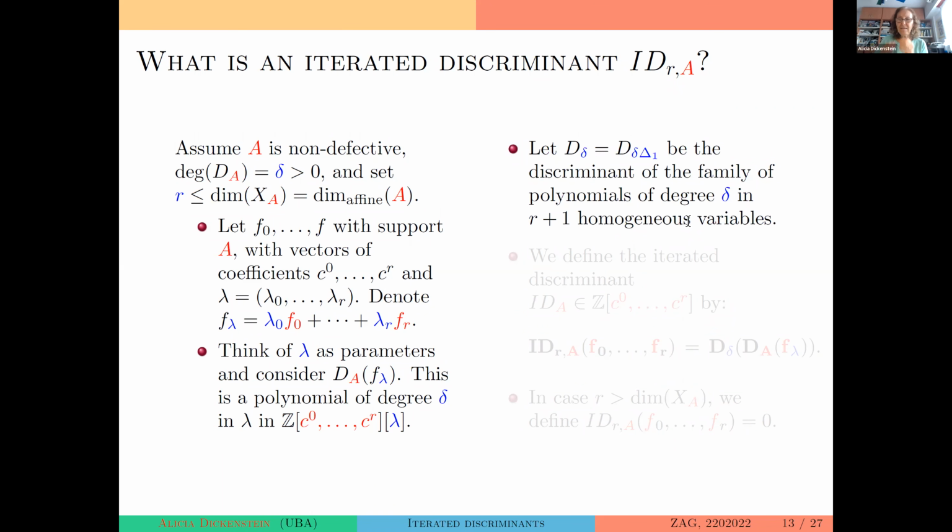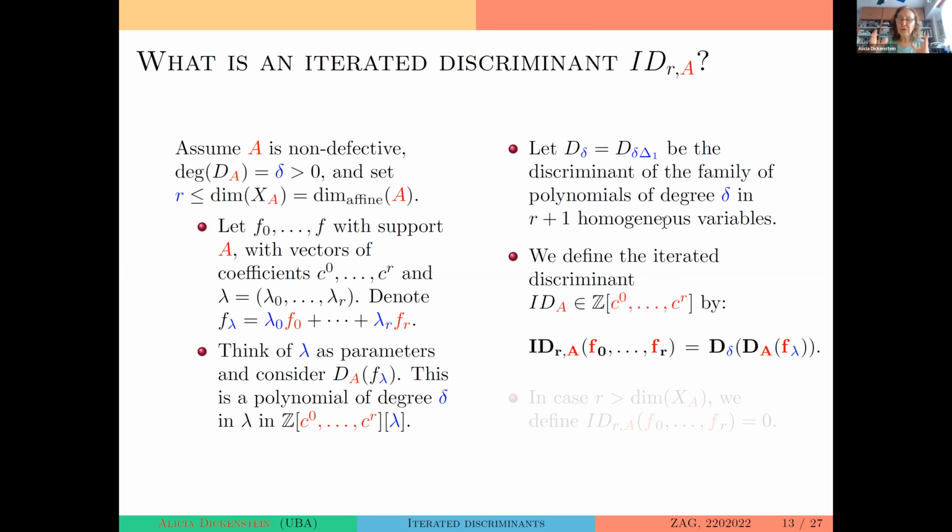And then one particular case of these A-discriminants is when we take the family of polynomials of degree delta in, for instance, R+1 homogeneous variables. So this means that delta 1 is the unit simplex in this dimension, and we take the delta dilate, and in fact, we are going to take all integer points there.